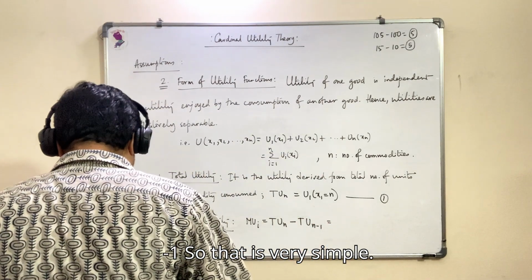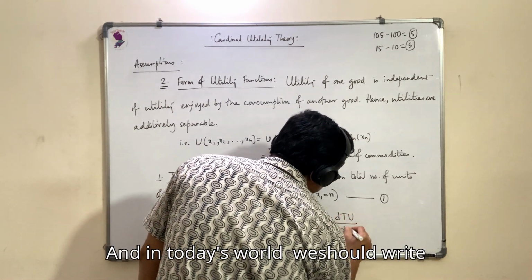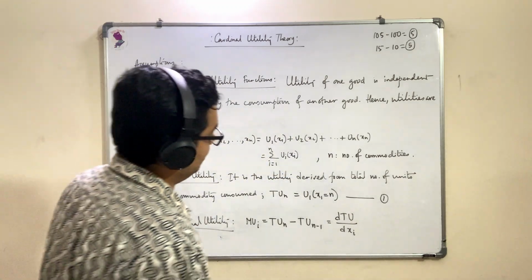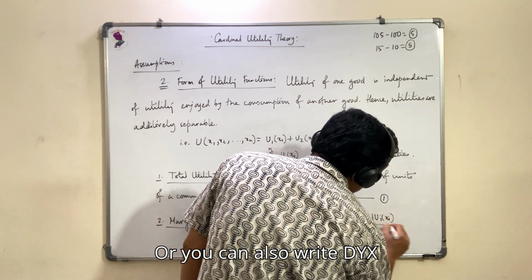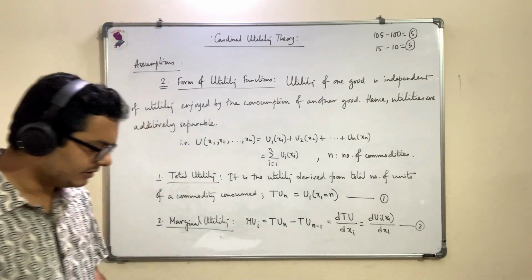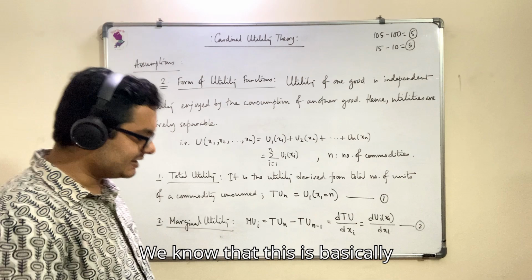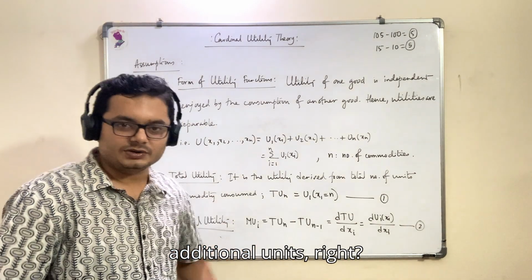So that is very simple. And in today's world, we should write dTU/dxi, or we can also write dU/dxi.